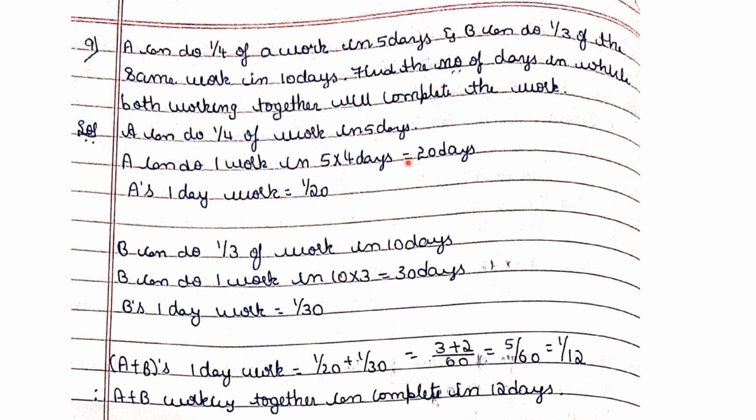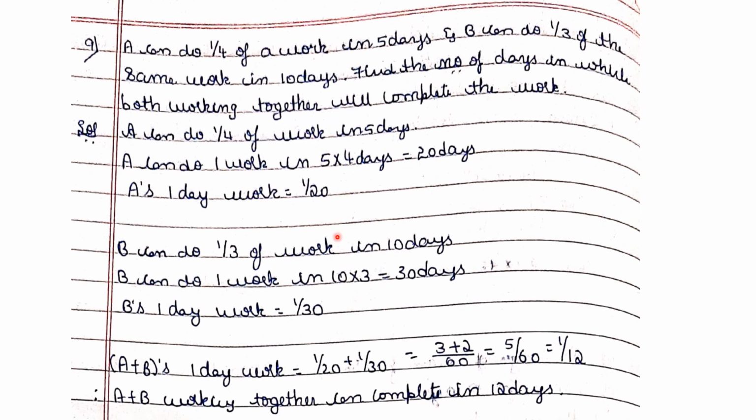So here 20 days is what A can do the work in. So the total work done by A is 5 into 4, 20 days, but the 1 day work of A is 1 divided by 20.